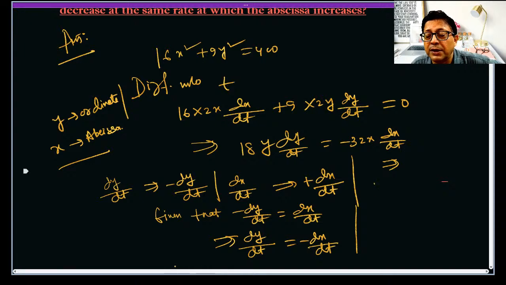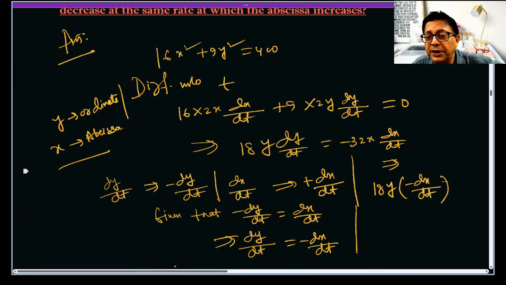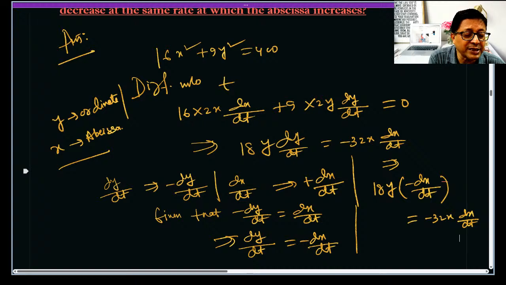Put it there: 18y into minus dx by dt equals minus 32x dx by dt. Clear? So you just eliminate dx by dt from both sides.